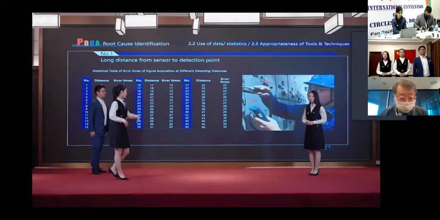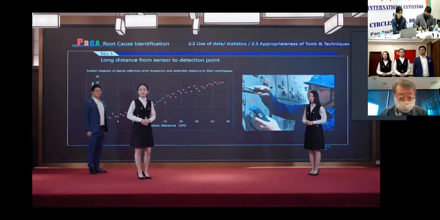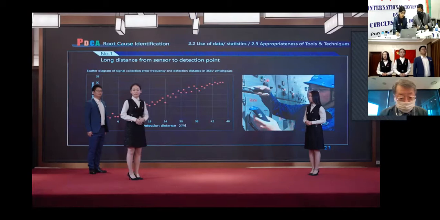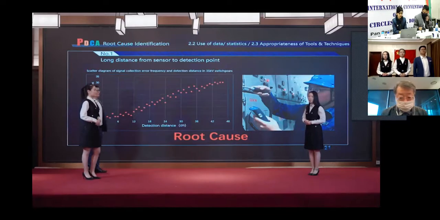Then we carried out 45 groups of simulation tests, and we concluded that error times were strongly correlated to the distance from the scatter diagram. Obviously, the longer the detection distance, the greater the error times will be. It has a great impact on the defects. It can be confirmed as the root cause. Yes, we found the root cause.